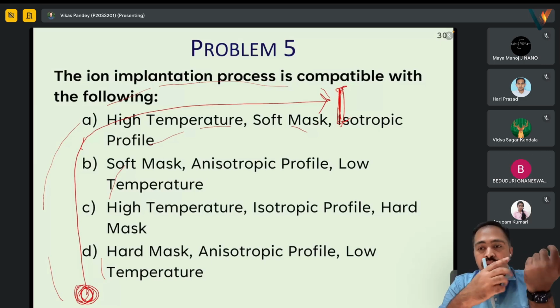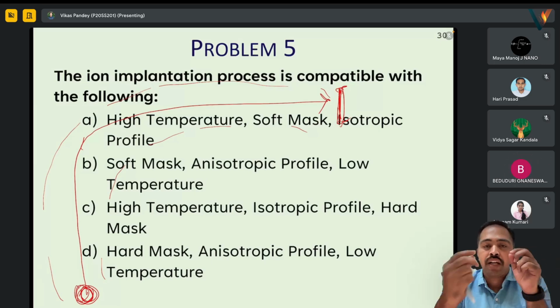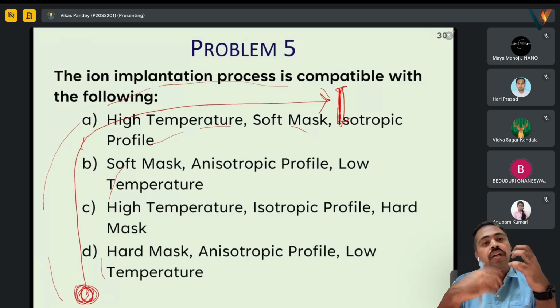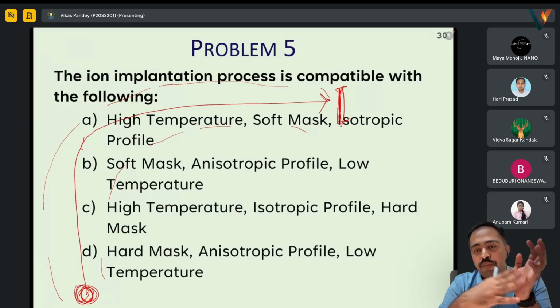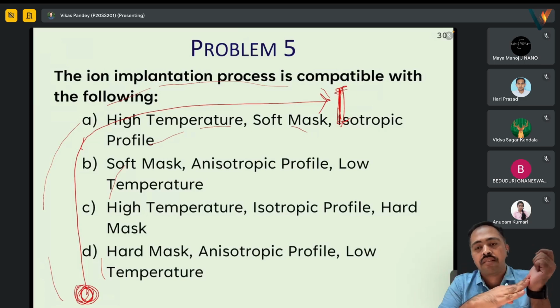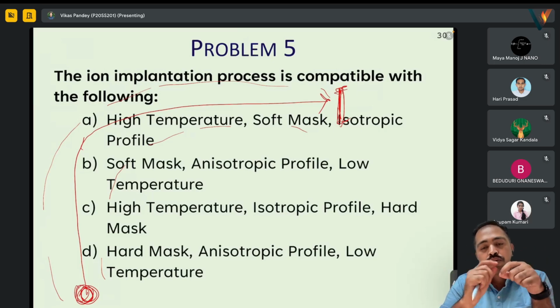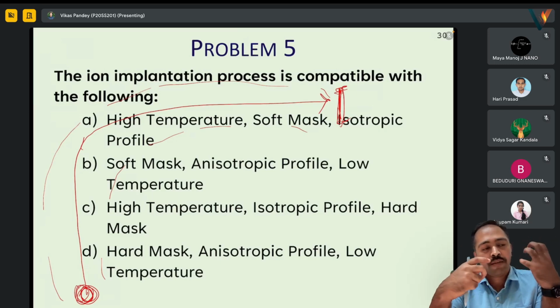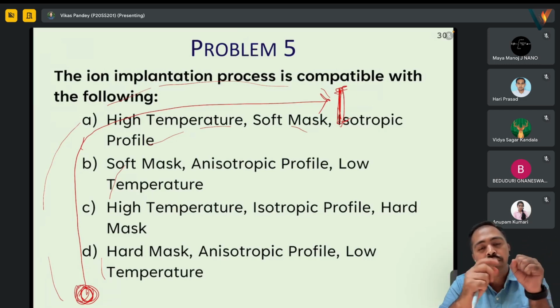Due to this property, they are more likely to go back to their correct position, and the surface damage is less. And after this also, that is why RTA is done, so that if they have moved and it is at a higher temperature, it will realign itself.